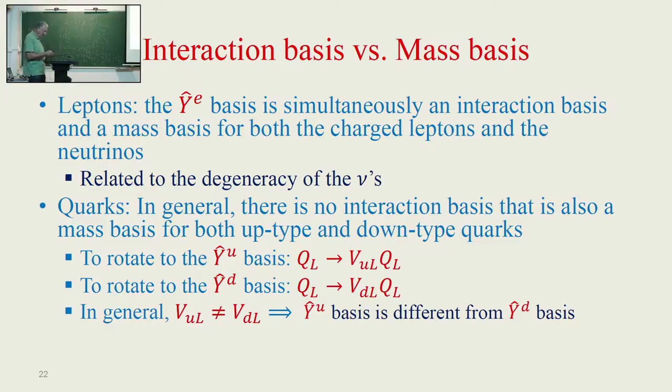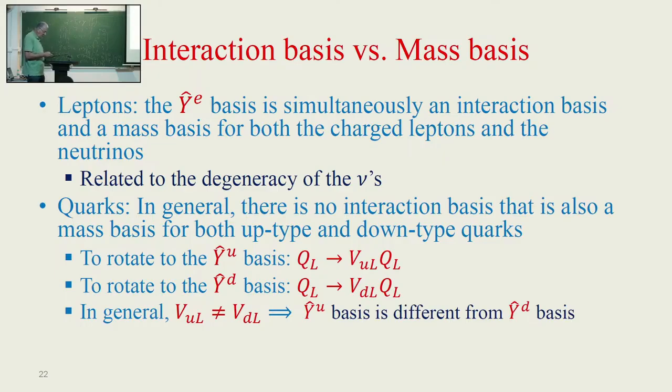So it's simultaneously interaction basis, where all fields have well-defined transformation properties under SU3 cross SU2 cross U1, and a mass basis, where all fields have well-defined masses and well-defined SU3 color cross U1 electromagnetism quantum numbers. And this is a result of the degeneracy of neutrinos. So no matter which set of three neutrino eigenstates you choose, since they are degenerate, it will always be a mass basis for the neutrinos.